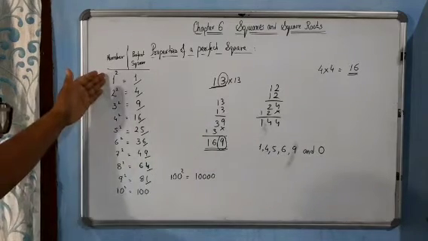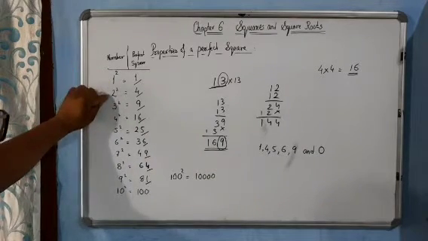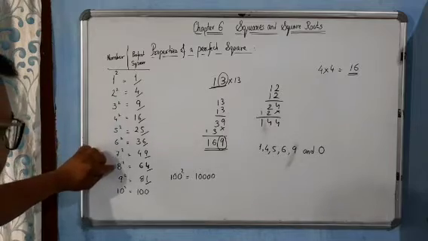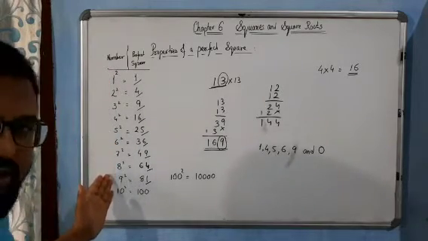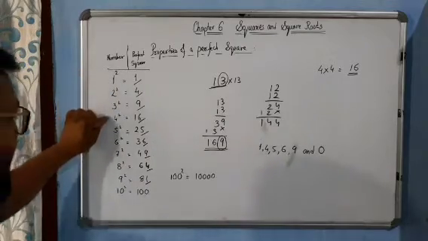See, you have seen 1 2 3 4 5 6 7 8 9 and 0, all the numbers I have used here. Okay, right now these are in single digit.